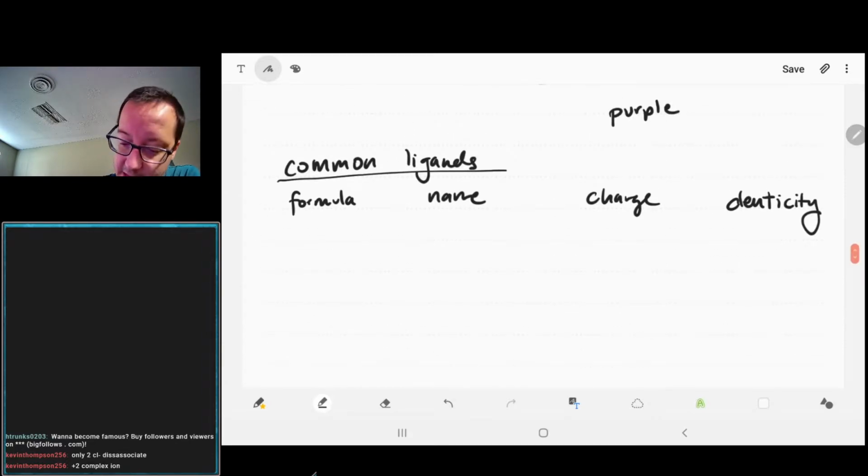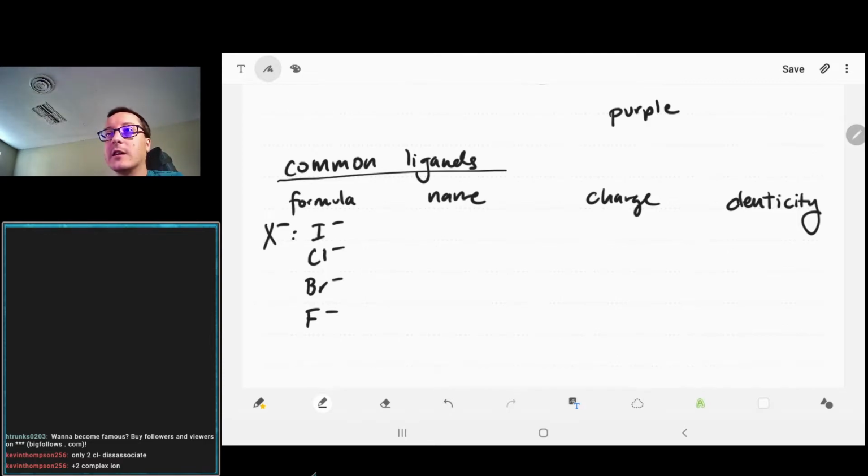So we're going to have our halides here. We've got iodine, chlorine, bromine, and fluorine. All of these are halides. When we name complex ions, we're going to have to adjust the name of our ligands slightly. In a coordination compound, all of these become O-ending prefixes.